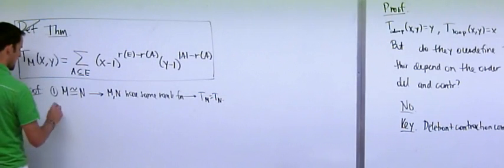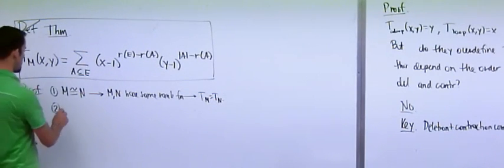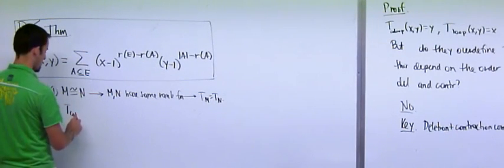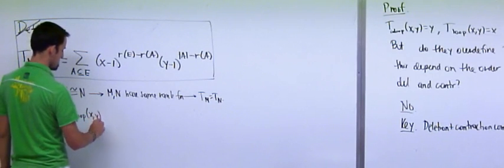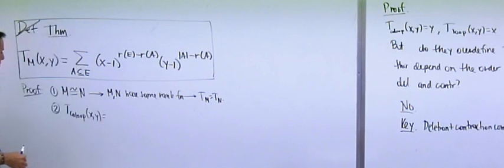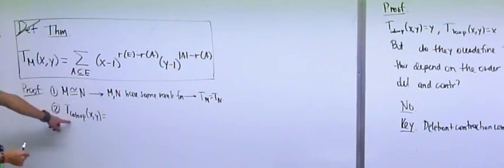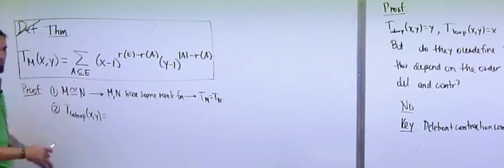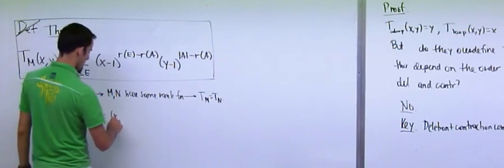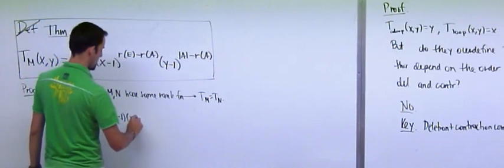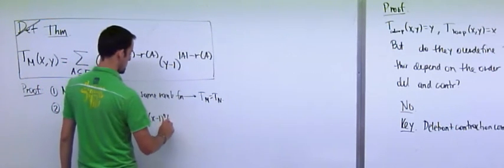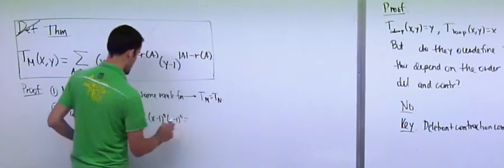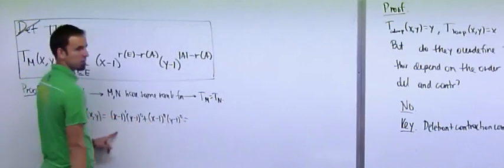The second thing you have to check is that if you have a coloop, if you plug in, what you're going to get is x minus 1 to the 0, y minus 1 to the 0, plus x minus 1 to the 1, y minus 1 to the 0, which is x minus 1 plus 1, which is x.